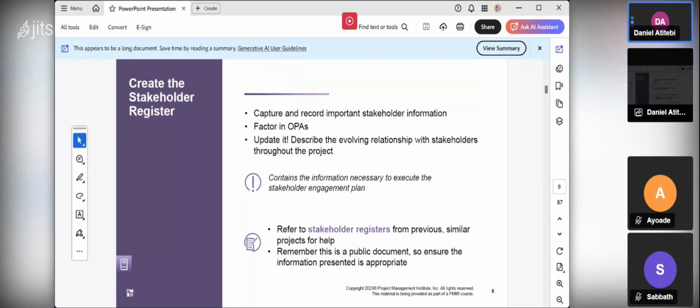Then you also look at your organization process assets. We talked about that yesterday. This will tell you information about your project. Whenever you are managing a project for your organization, what are the processes you use? What are the plans? What is the information that will help you? Because we call it organization process assets. They are assets.